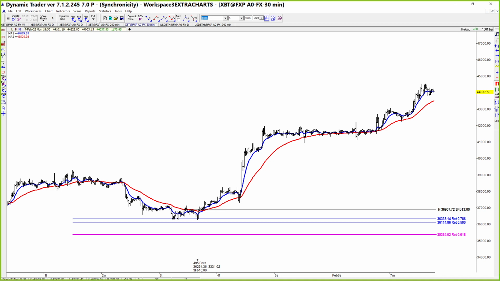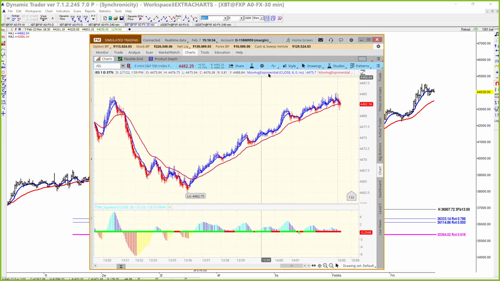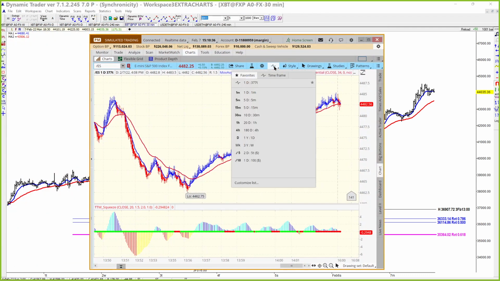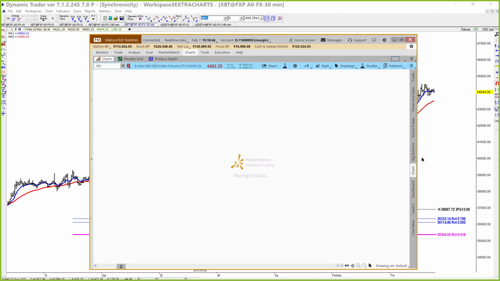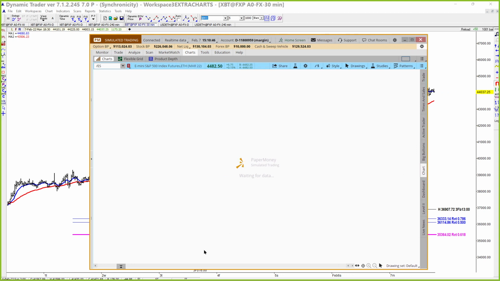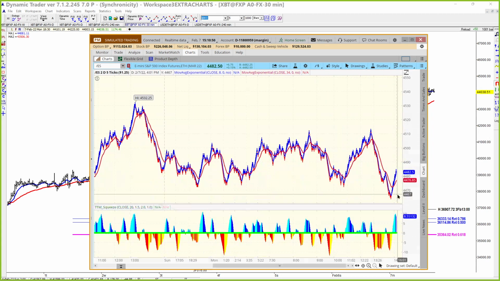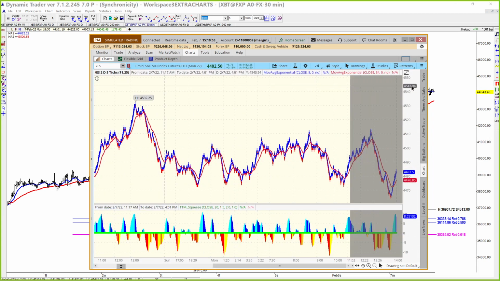Let me find my, all right, here it is. This actually isn't it, but what I like about these particular charts is that it's visual, okay? It's when the color changes that pretty much triggers a trade. Now it does take a while to set up here, but here you go.